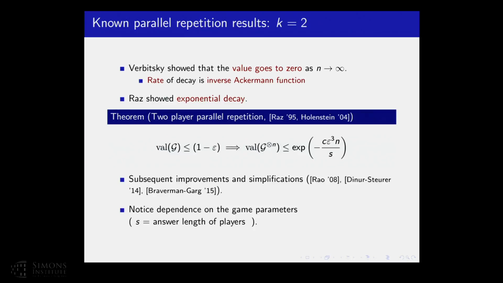If you notice, the game value does go down, although it's not (1 minus epsilon) to the n, it's something that is exponential in n. There were subsequent improvements and simplifications. One thing I wanted to note is that there's a dependence on the game parameters of some sort. For instance, here, the s in the denominator of the exponent is the answer length of the players.